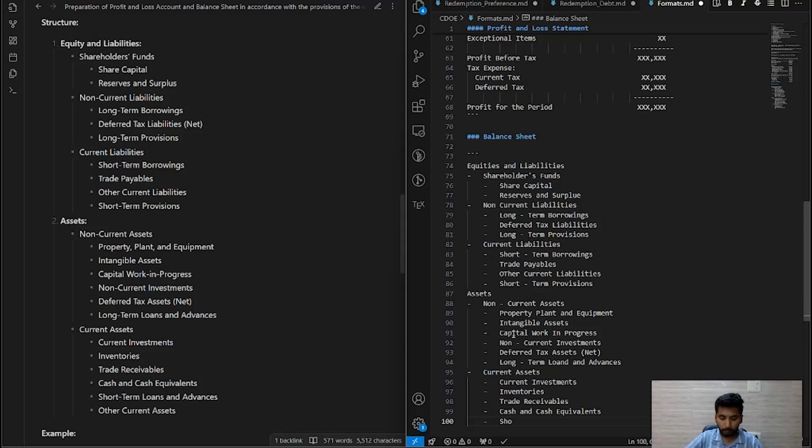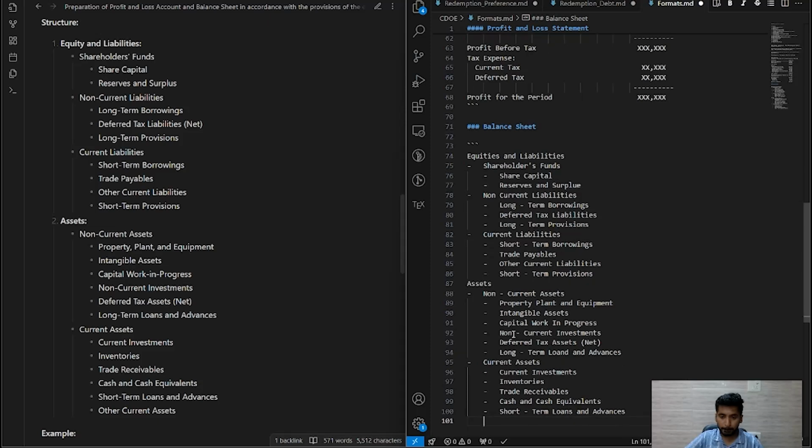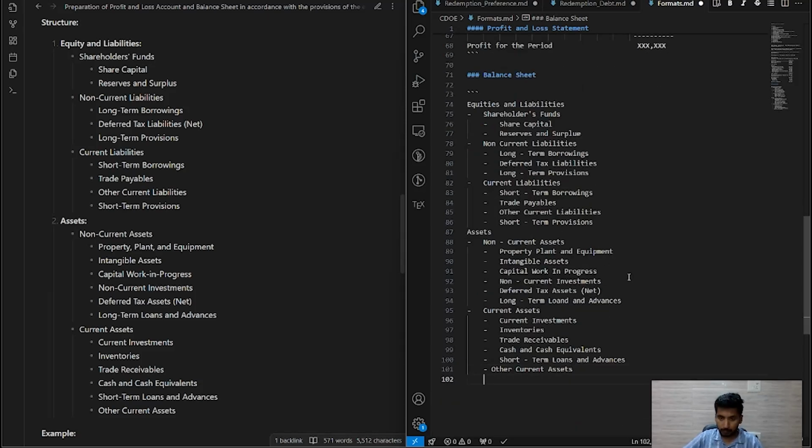Then we have the short-term loans and advances. And then we have the other current assets. After that, our balance sheet total should be equal for the equity sides and the asset side.